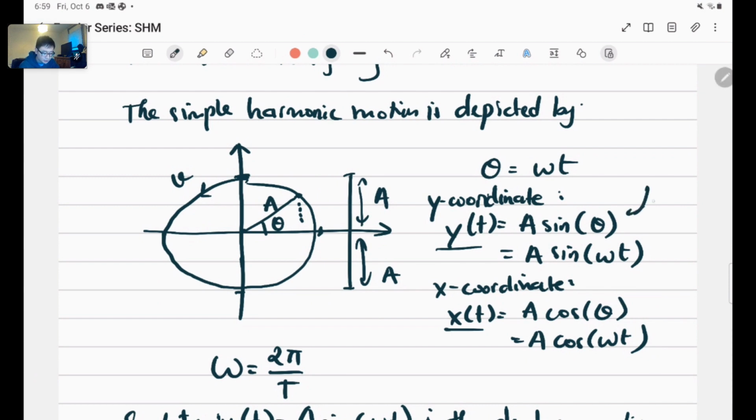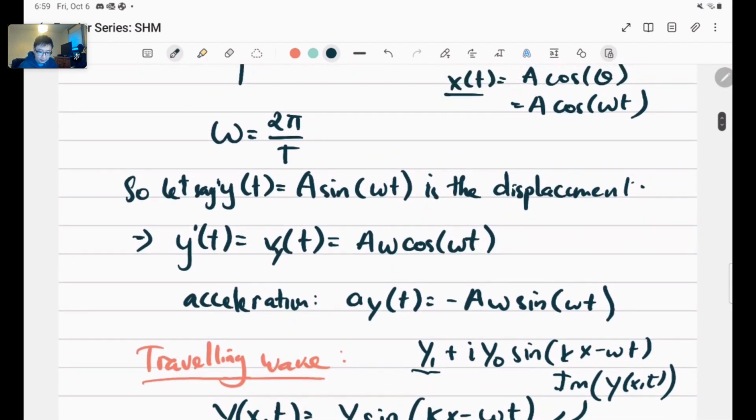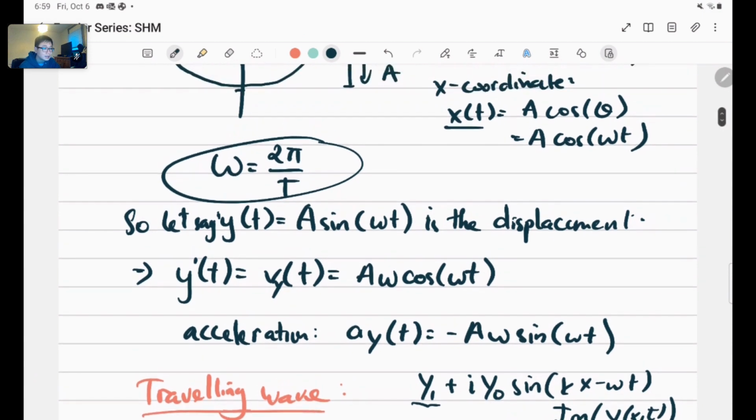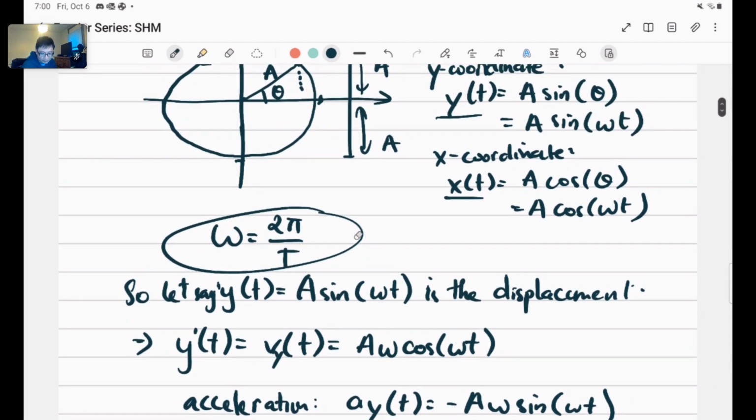And you can write the position using the trigonometric relation, and this is angular frequency. I have no idea why this is not called the angular velocity. But anyway, ω here, for some reason, is an angular frequency.